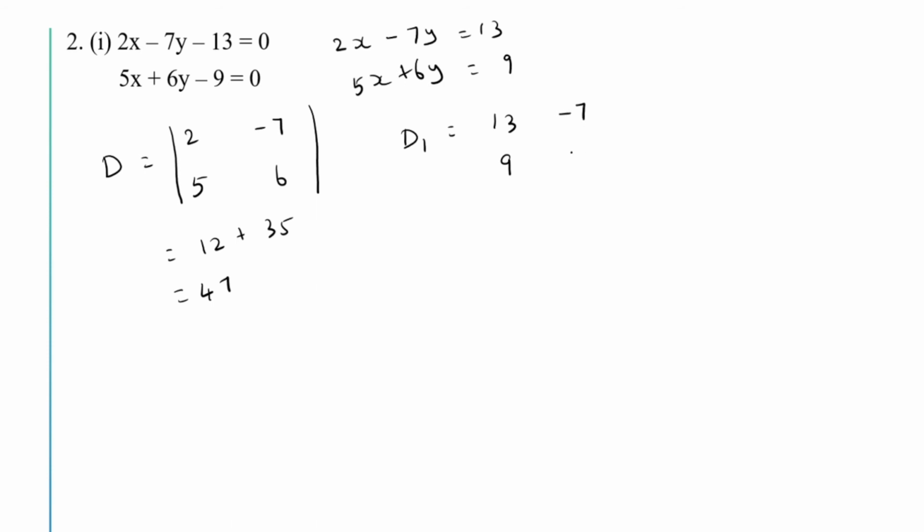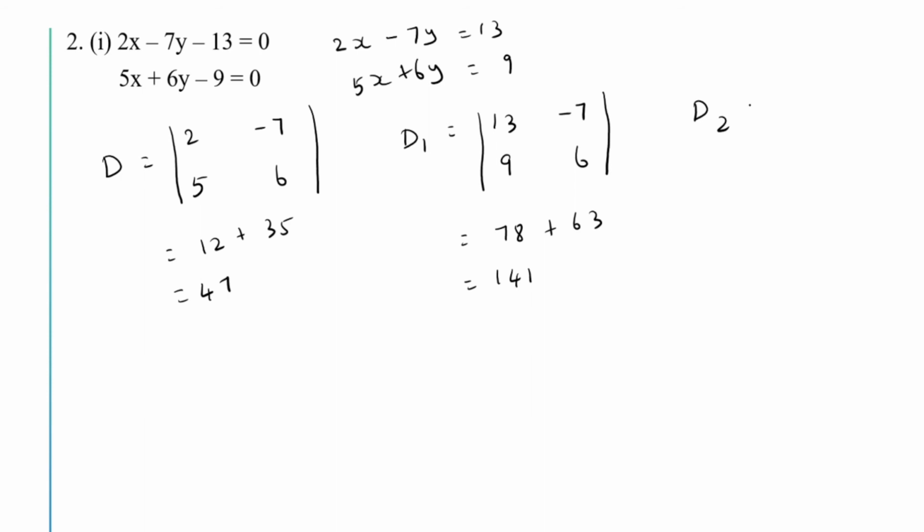Then D1 is, in place of the coefficient of x, we have to write the constant terms. So this is equal to 78 plus 63, or it is equal to 141.